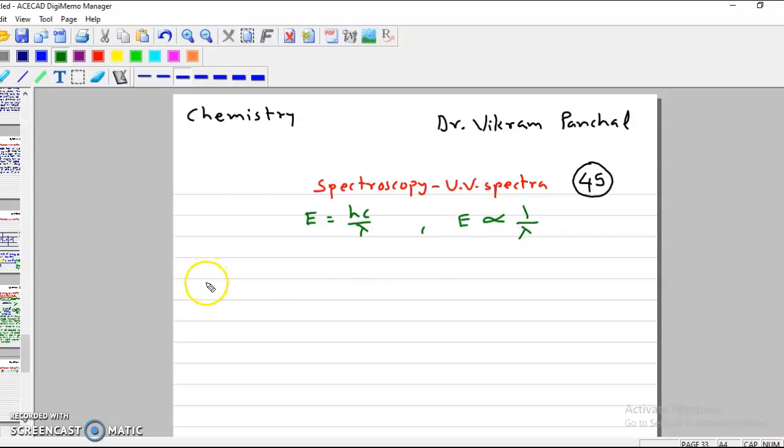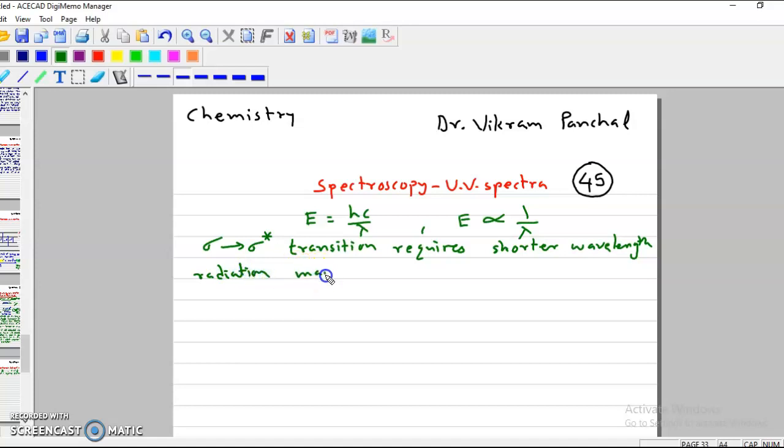That means sigma to sigma star transition requires shorter wavelength radiation, mainly from the vacuum UV region.